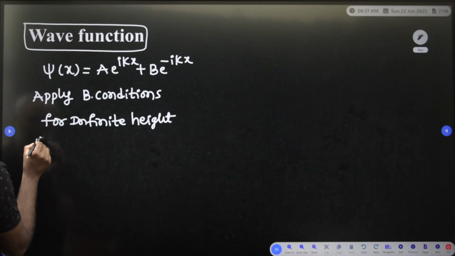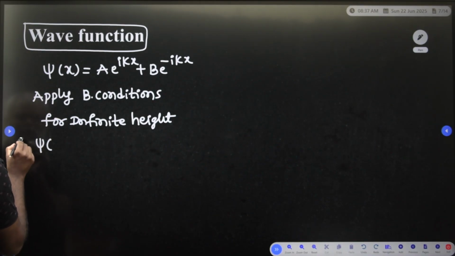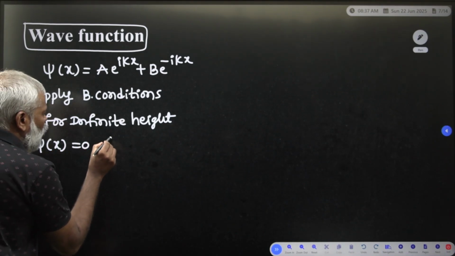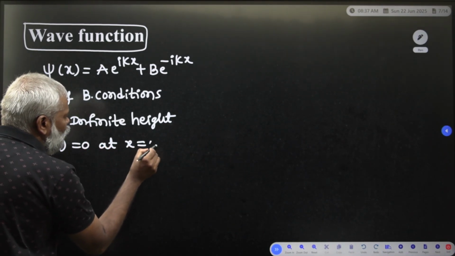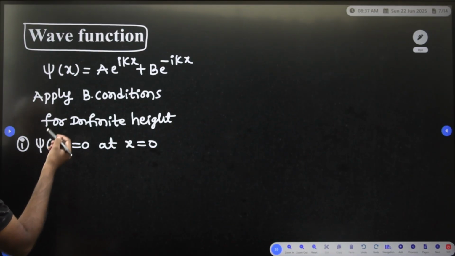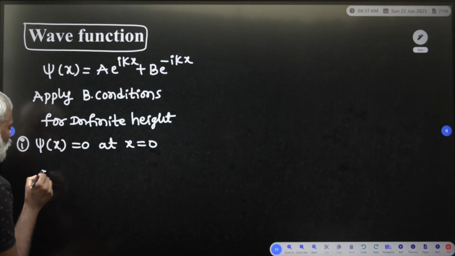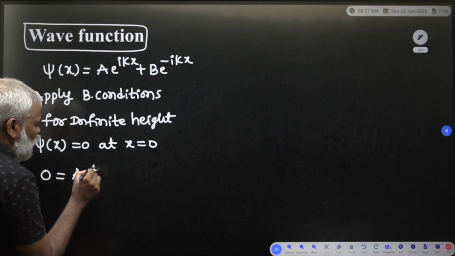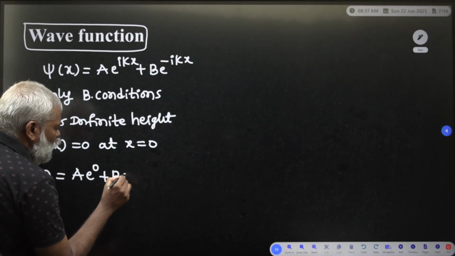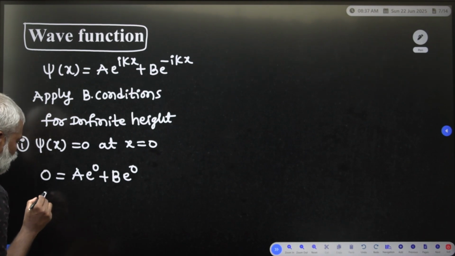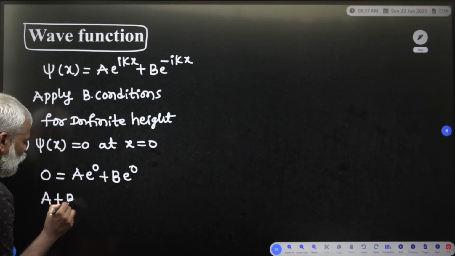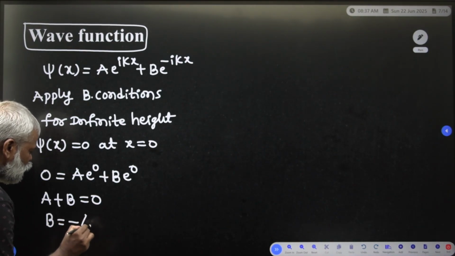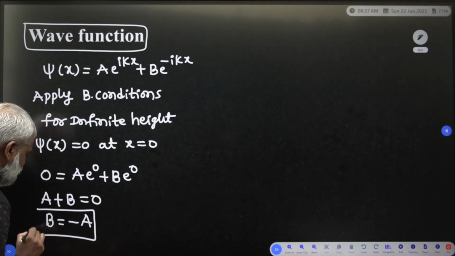The first boundary condition is ψ(x) = 0 at x = 0. Applying it in that equation, A e^0 + B e^0 = 0. Therefore A + B = 0, so B is equal to −A.